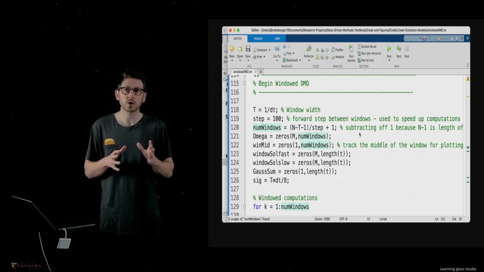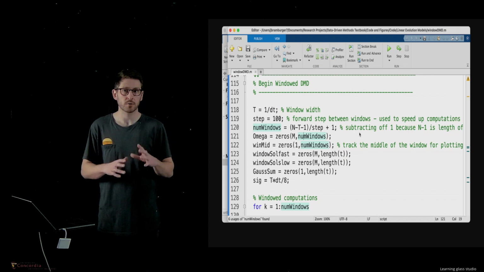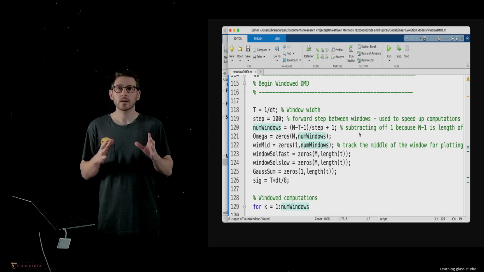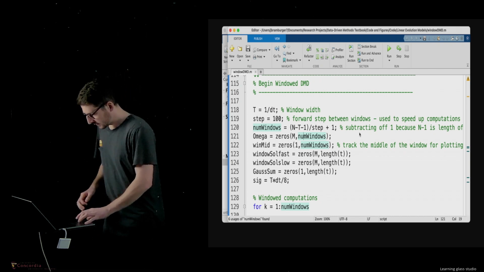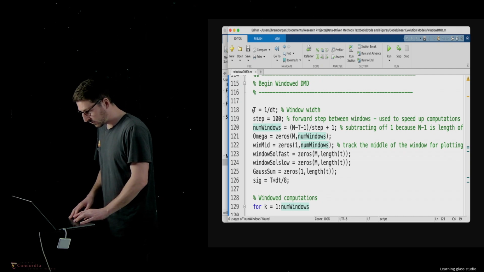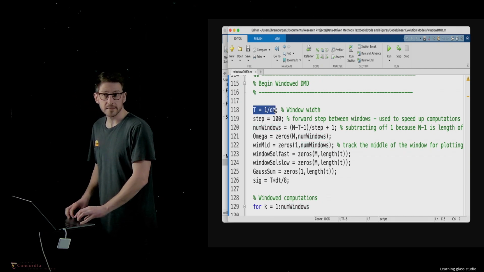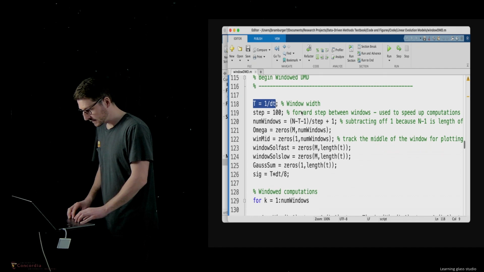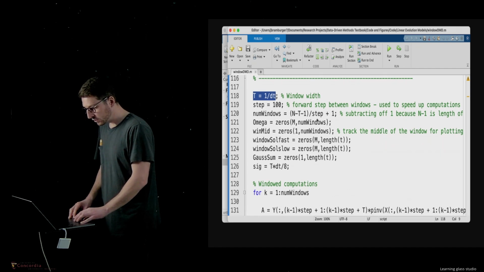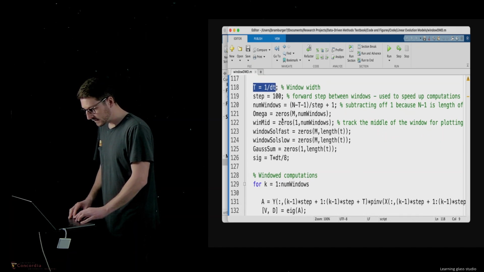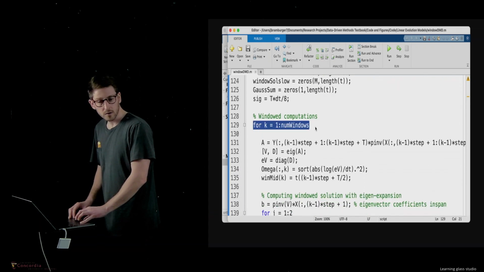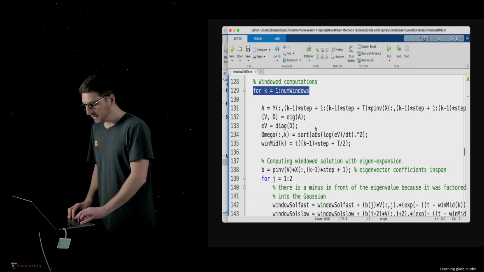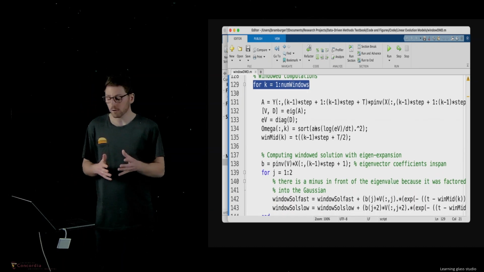All right, let's return to our numerical demonstration with that multiscale signal that we saw earlier. And let's apply this sliding window dynamic mode decomposition. So here I've set my window length. It's 1 over the sampling rate, dt in this case. I am going to initialize a lot of these pieces here, and then let's sweep over the windows, okay? So this is the beginning of the algorithm.